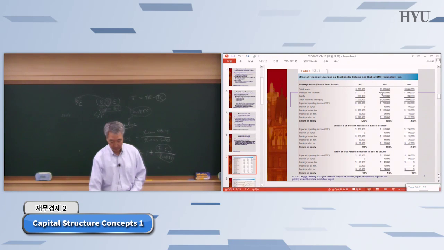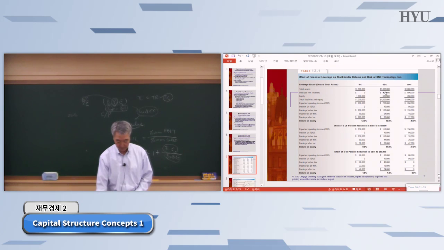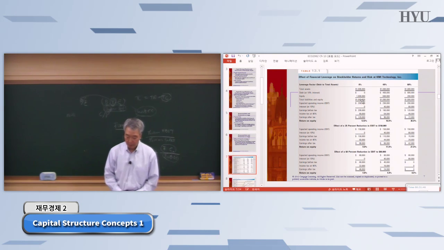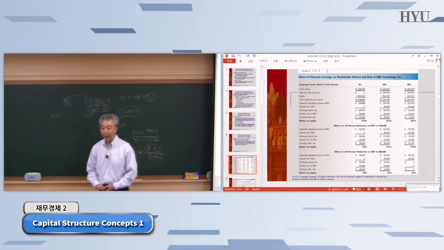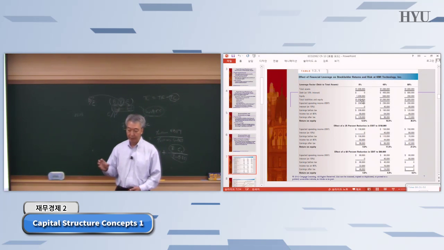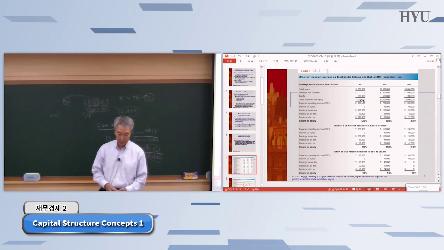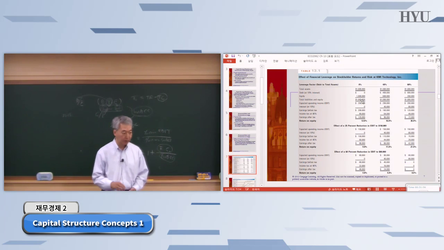And all 3 companies have $1 million total assets. Of course, the total amount of debt is 0, 400,000, 800,000. Forget about preferred stock; let's say preferred stock is included in debt.